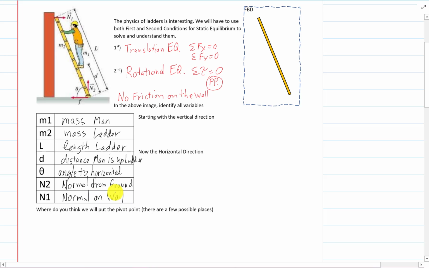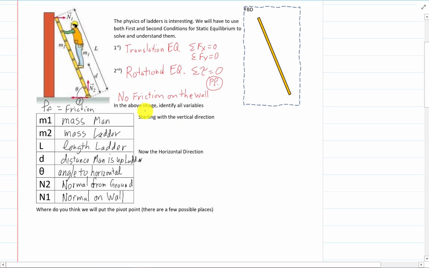What am I missing? Good catch. I'm missing the force of friction. It's labeled right there. If there was no friction force, it's just like sitting it on ice. You wouldn't want to stand on a ladder that's on ice. It would just slip right out if there's no friction there.